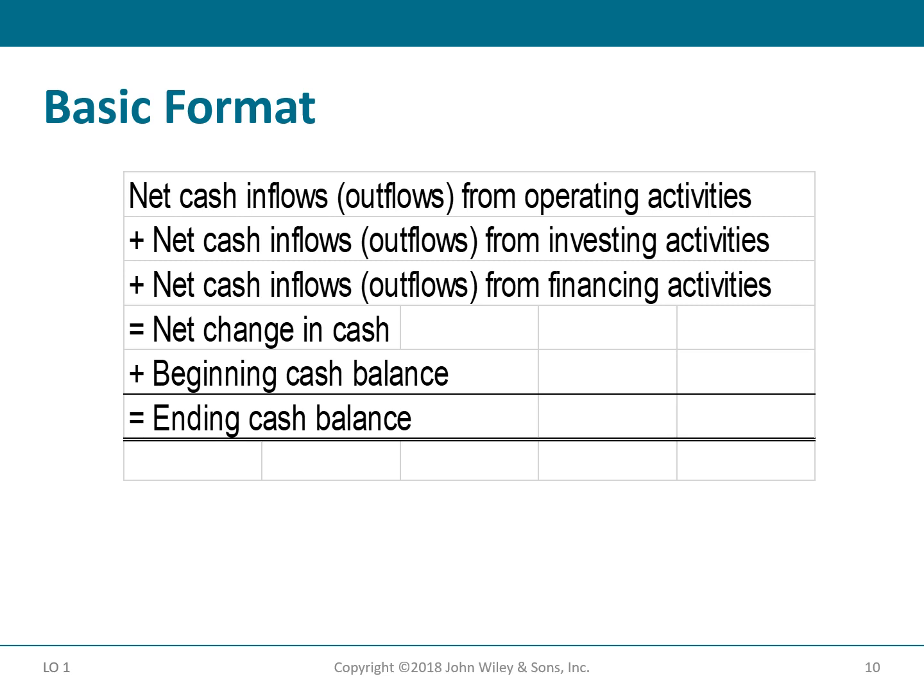Then you're going to take those three subtotals. That's going to give you your net change in cash, and then we have a built-in check figure. If you add that to the beginning cash balance from your balance sheet, you should get your ending cash balance. So the beginning cash balance is going to be the cash balance at the end of the prior year, and then we should compute the cash balance that's reported on the current year's balance sheet.